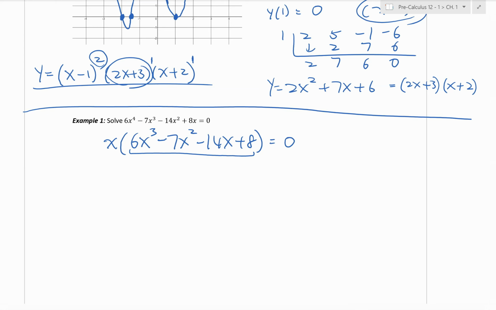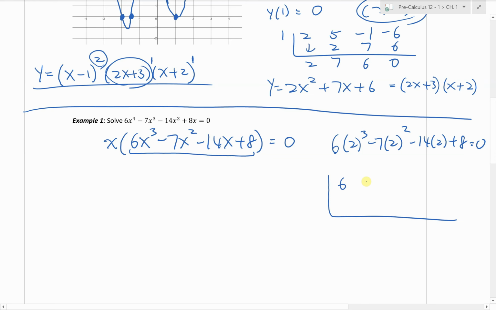2... Oh, wait a minute. 2 times 28 is 56, 20... 56 minus 28, minus 20 plus 8 is... Oh, 2 does work. Okay, perfect. So if I plug in 2 into x, this does give me 0. So that means I can do a long division for 6x cubed minus 7x squared minus 14x plus 8, and I will put 2 here.